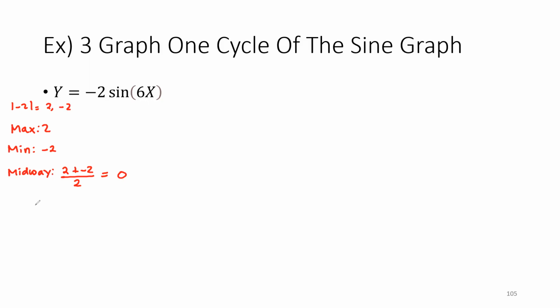And then what else? Period is 2 pi over b. So it's going to be 2 pi, and then your b value is always the number in front of x. So in our case, our b value is 6. So 2 pi over 6 can be reduced by 2. So that would be pi over 3. Okay, and then let's find your critical values.